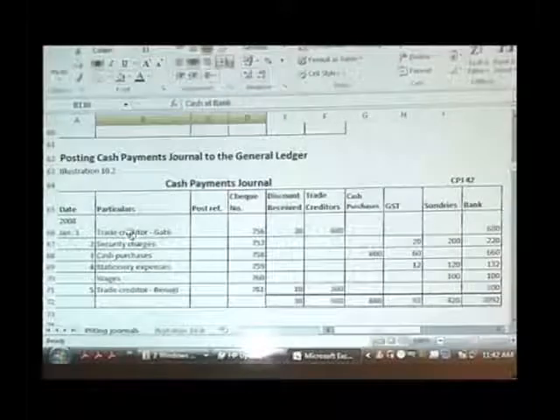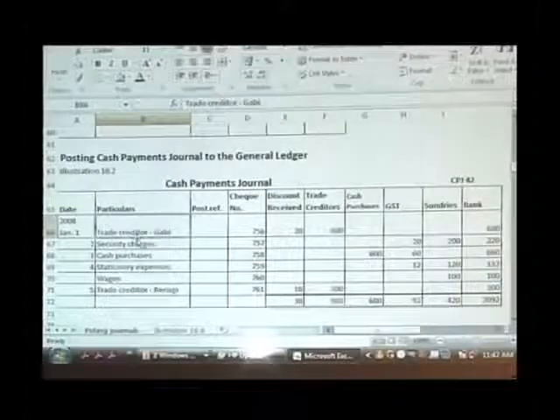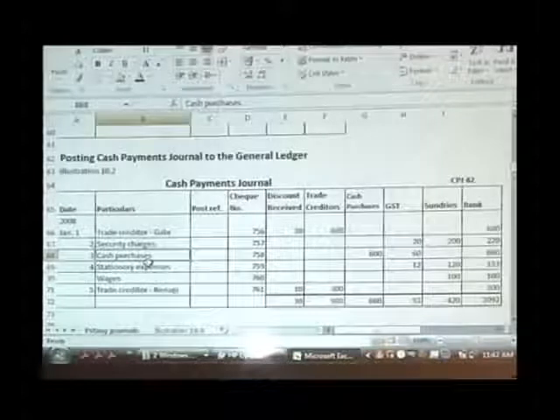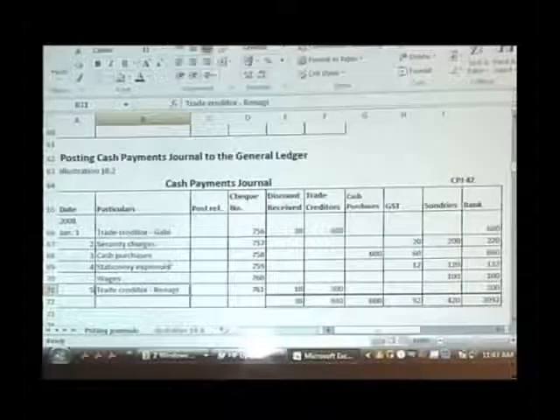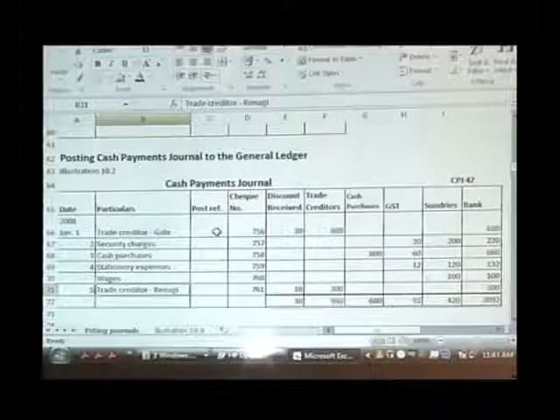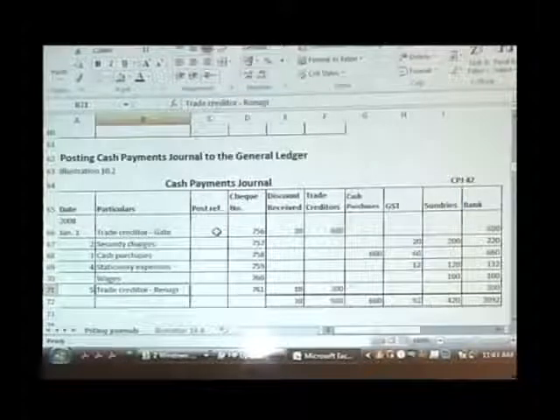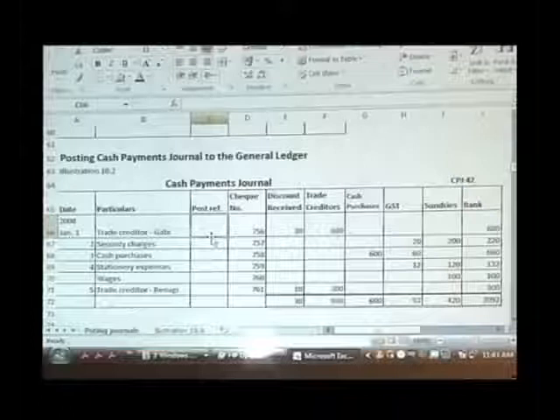So all these accounts are drawn on the basis of the cash payments journal here. All right, so then individual amounts are posted. First, creditor Gabi, individually posted.